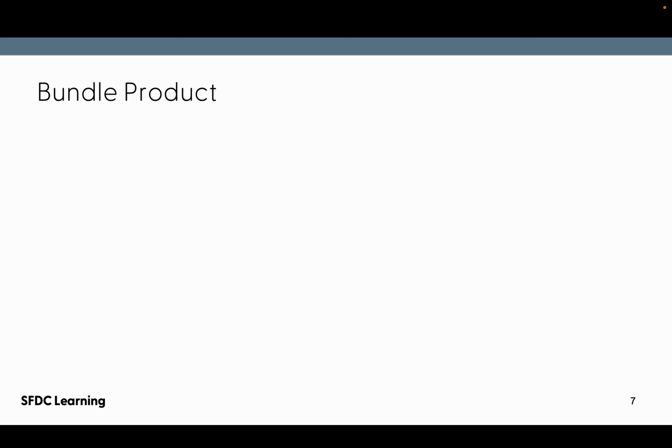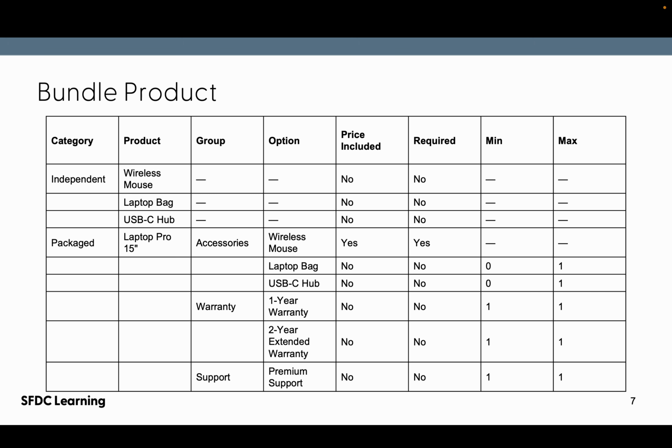Now let's review the use case. Here is the use case for a bundle product. Here are the categories, independent and package. So in a catalog we'll have two categories, independent and package.